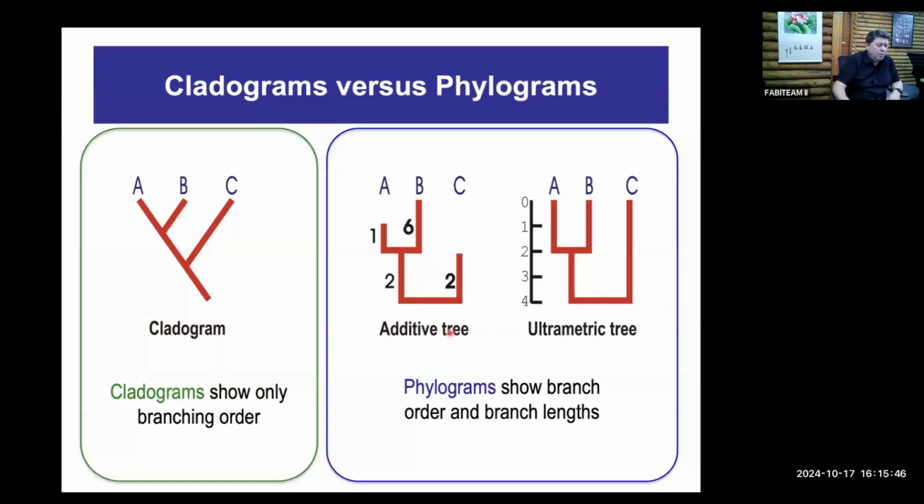I don't want to go into all the detail, but in this case, the distance from A to the common ancestor of A and B is not equal to the distance from B, a terminal node here, to this ancestor. So these two branch lengths are not the same length.